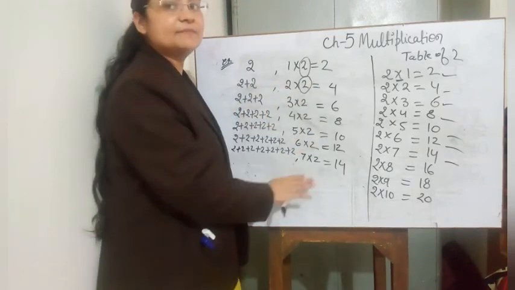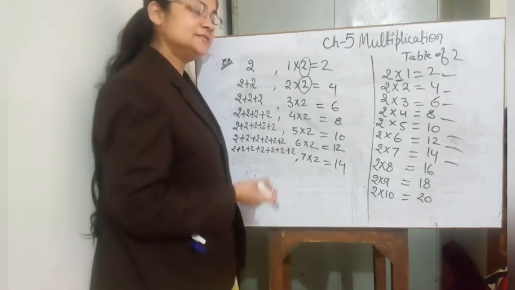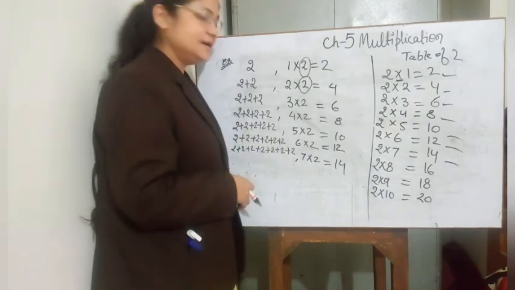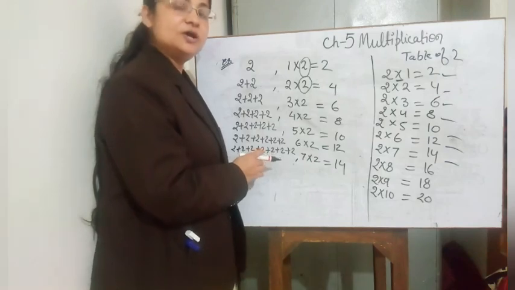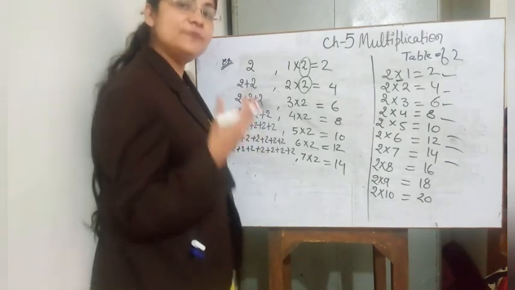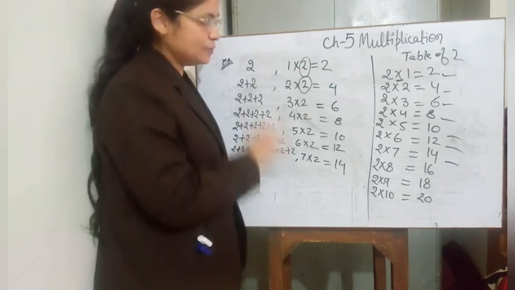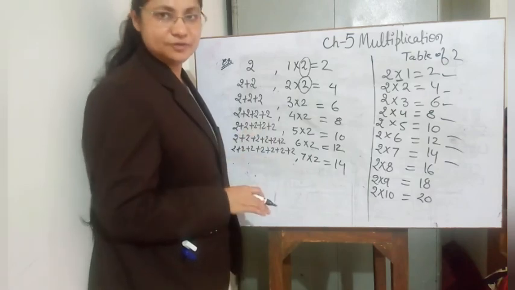In that way we can make the table of 3 also. Many tables are given in your book. Okay, just to practice repeated addition, or just to know how we are getting the tables, you can practice them. I hope up to here you got whatever I explained.